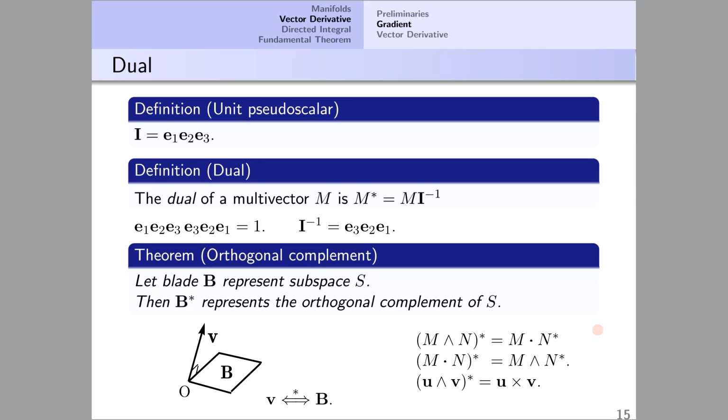And finally, the dual of the outer product of two vectors in R3 is equal to their cross product. So I still have the cross product if I need it.